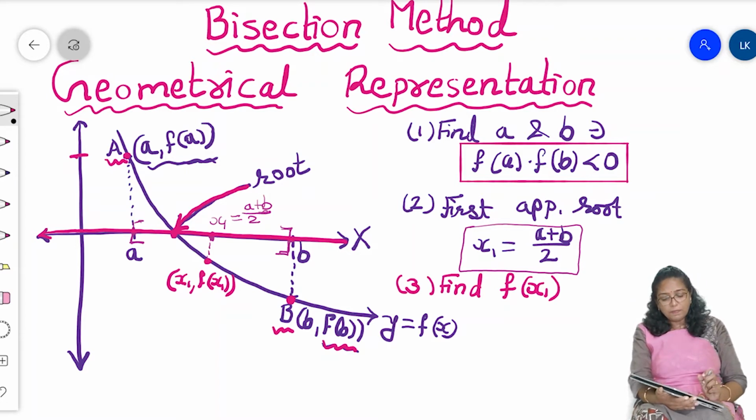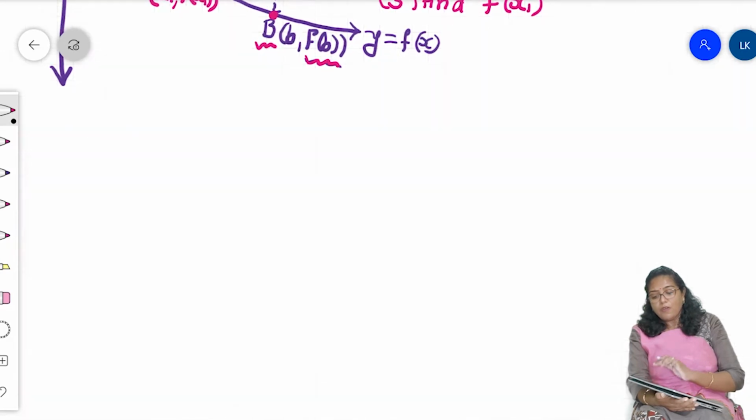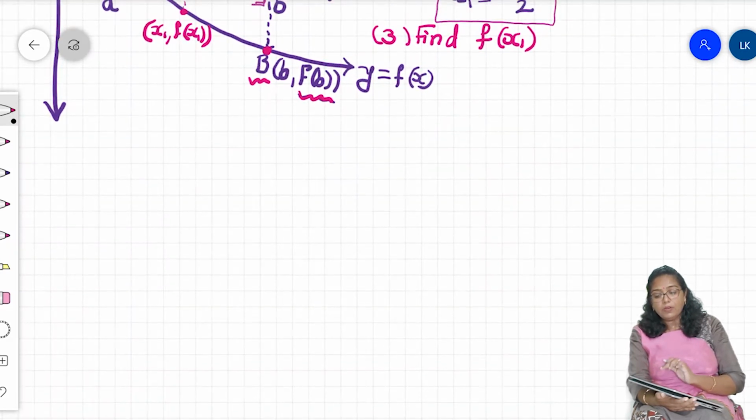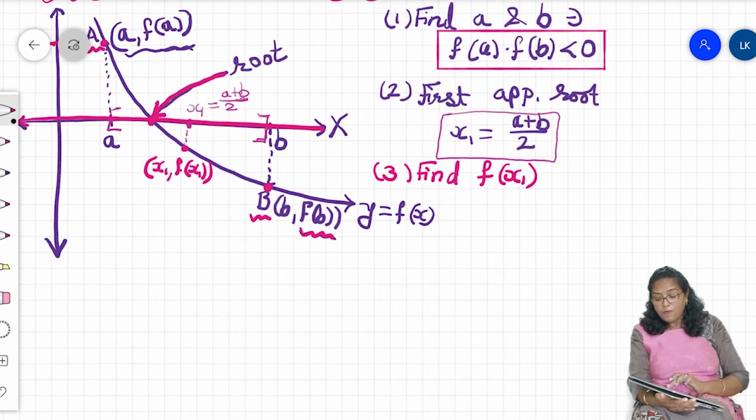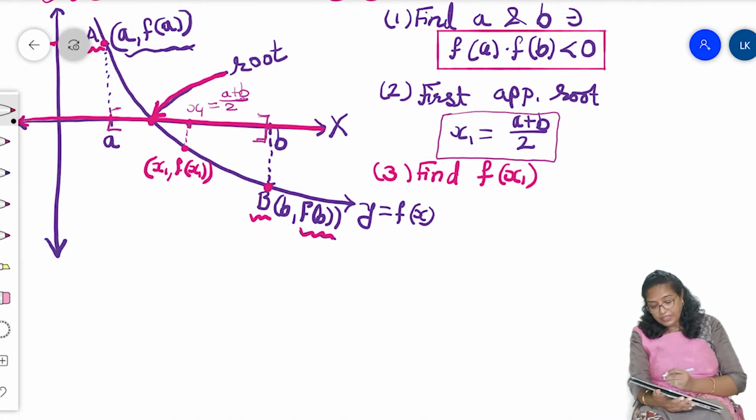The third step is to find f(x1). Here again there are possibilities. What can we say about f(x1)? From the graph, it is clear that f(x1) is negative.